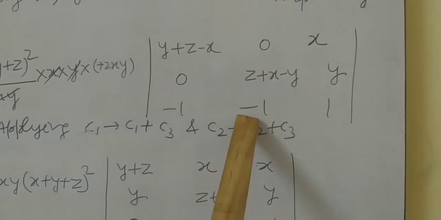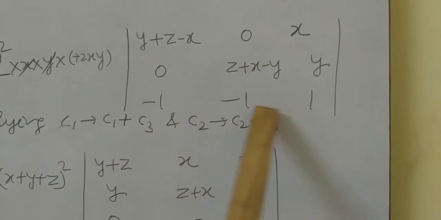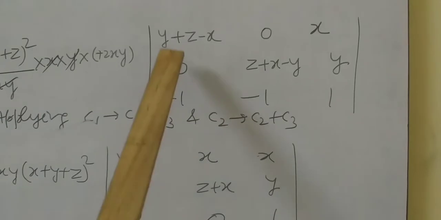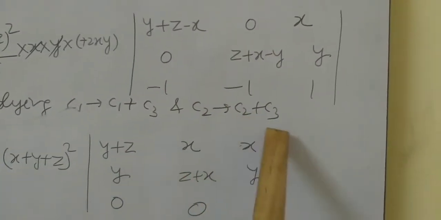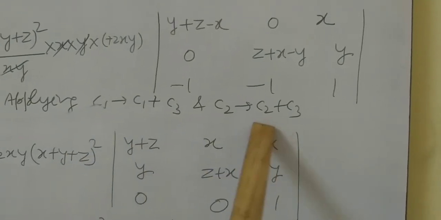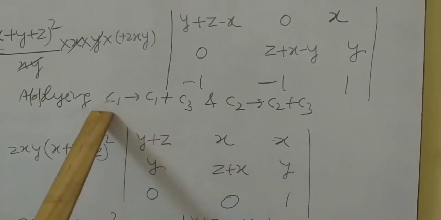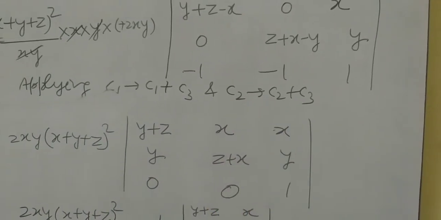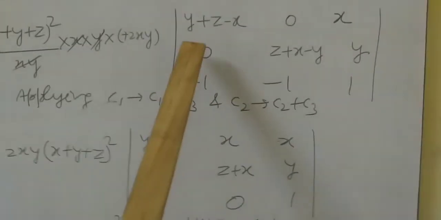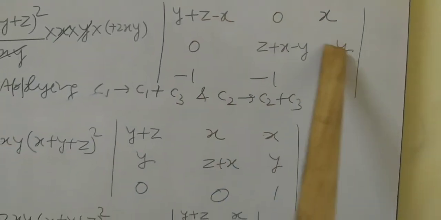And when I add C2 and C3, then it will be 0. So C1 tends to C1 plus C3 and C2 tends to C2 plus C3. Two operations I am going to use together, students. Here I am changing C1. C1 cannot be reflected here. So let us add. When we add, x's cancel, y plus z.